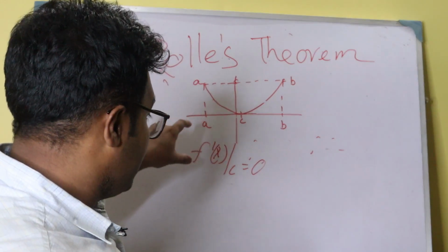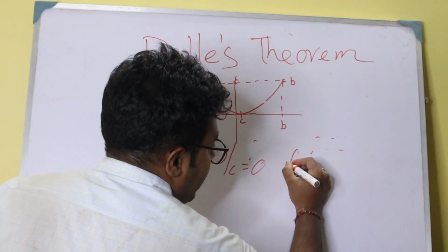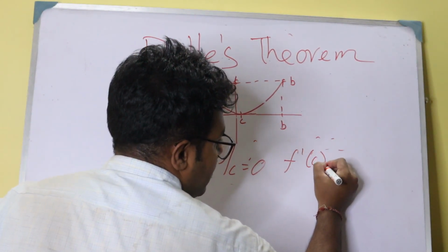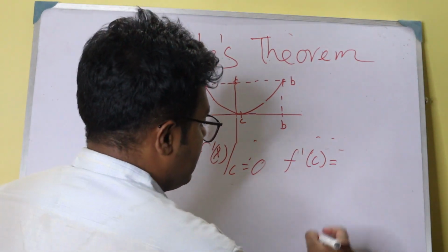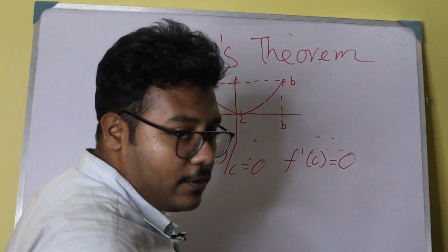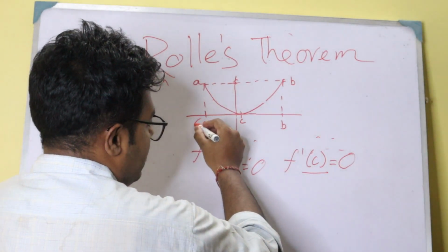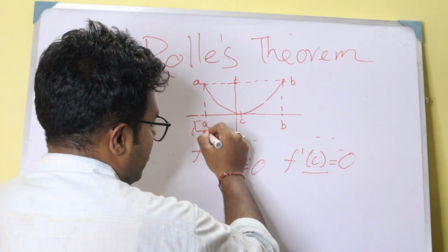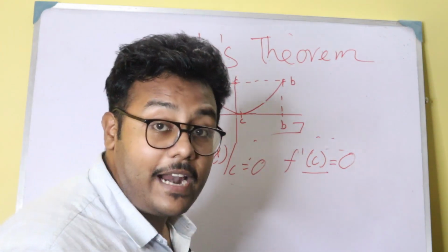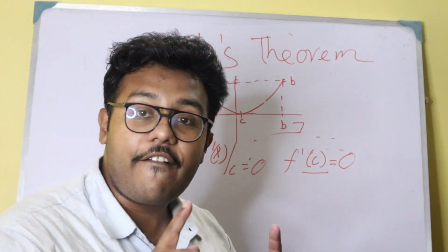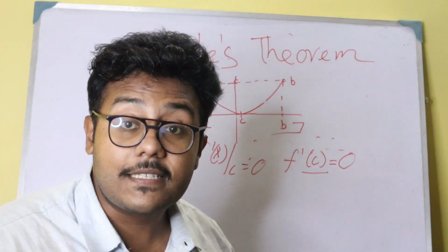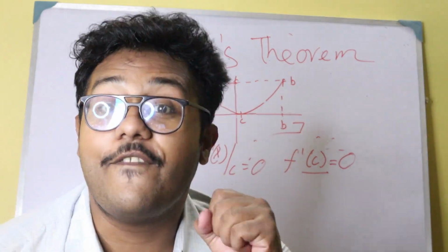If we find f'(c), it will give a value of 0. And this c belongs to this interval. Thus Rolle's theorem is verified.